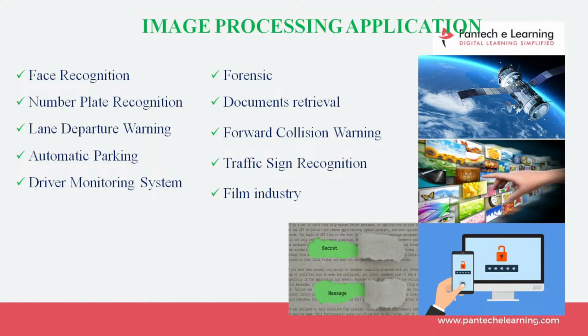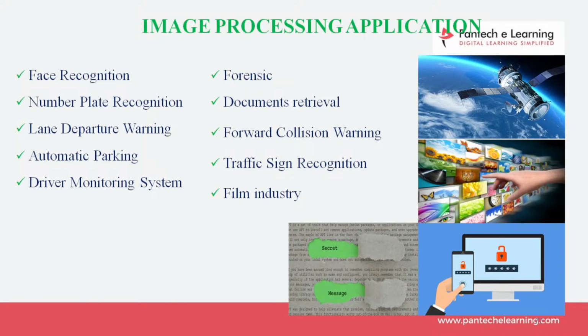Next, number plate detection: to identify number plates, you convert the picture using some segmentation techniques, then optical character recognition will work. Next, document retrieval: you have many types of documents, and to retrieve a single document you can use image processing retrieval techniques.